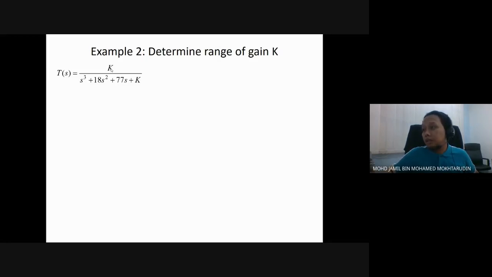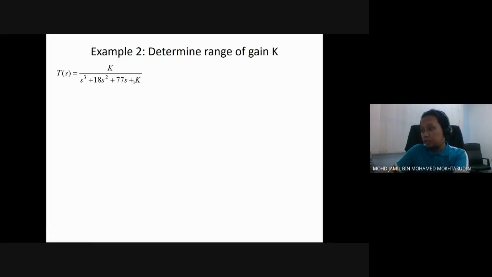This is a famous question. You are given a gain K, and by using the Hurwitz table, you find the range of K for the system to be stable. Here you have your transfer function TS, K divided by S cube plus 18S square plus 77S plus K.